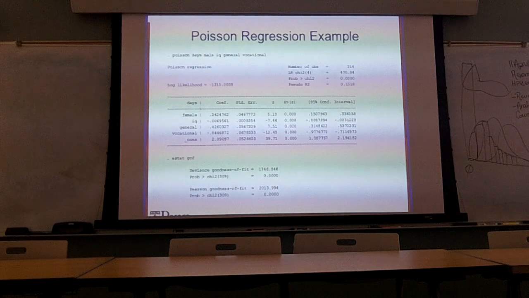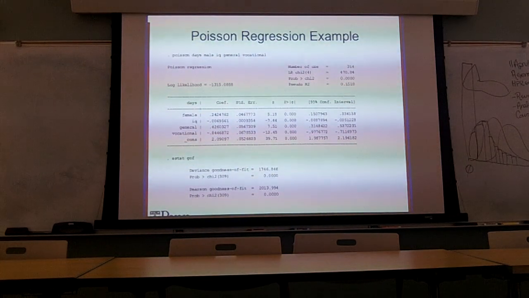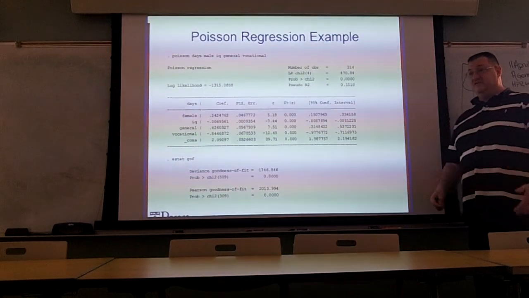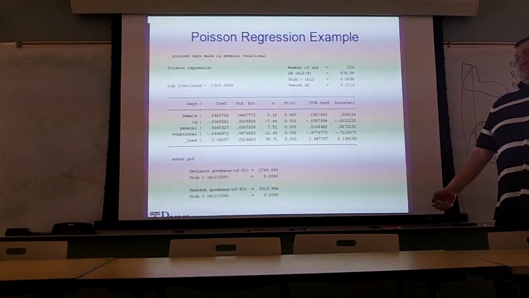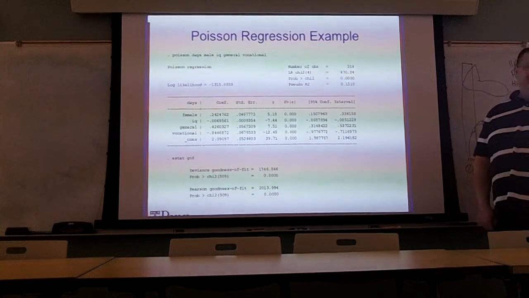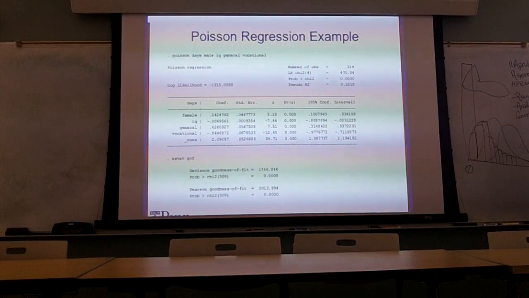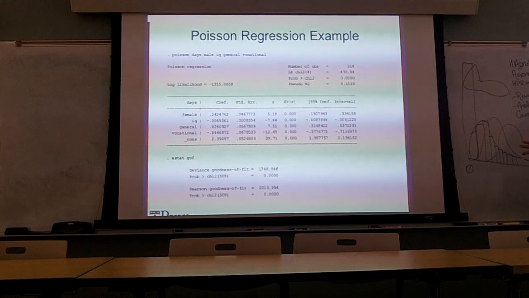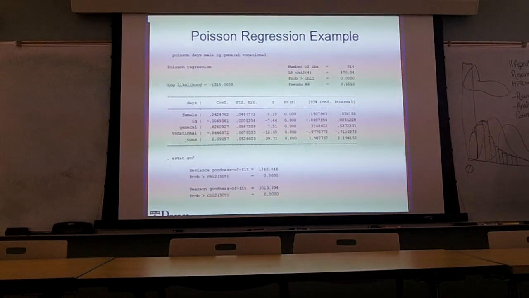How often do you actually end up with a data set where the mean is equal to the variance? Actually, in 25 years of doing this, never. There's some leeway there, but if you have a mean of 5 and a variance of 45, they're not the same.